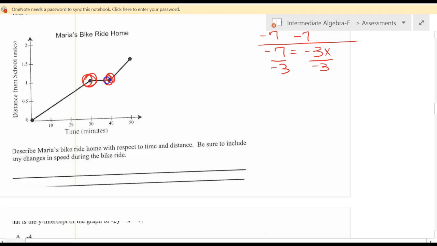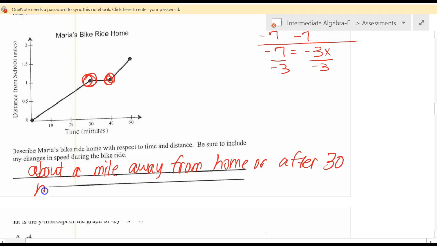And what's happening from 30 to 40 minutes? So I would say about a mile away from home, or after 30 minutes, she takes a 10-minute break.